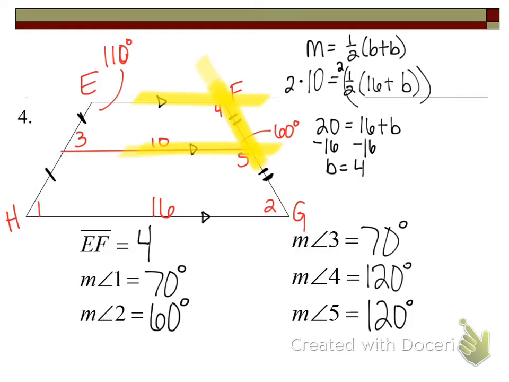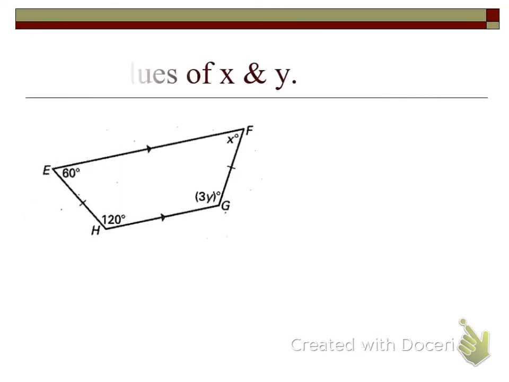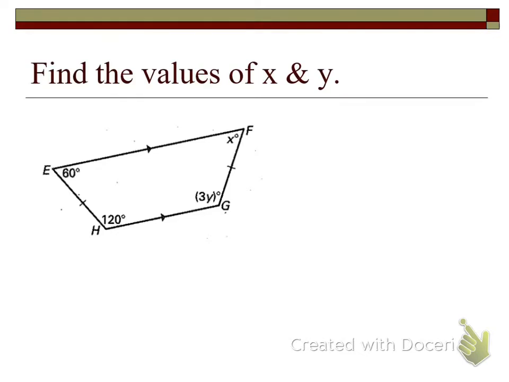I actually switched up the last example a little bit because I wanted to be able to talk about when we have variables involved. So you can ignore the whole 1, 2, 3, 4, 5, EF, FM, EK off to the side and just label the trapezoid this way.